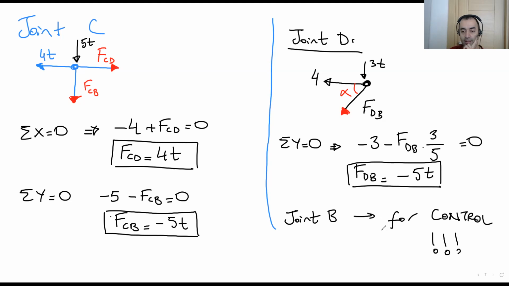After you calculate each internal force on the members, we have to prepare a table. For example, what are the members? Let me write them here: FAC, FAB, FCD, FCB, and FDB.